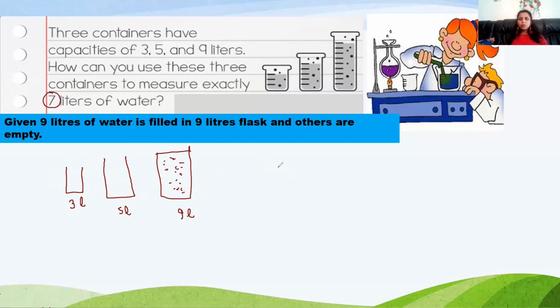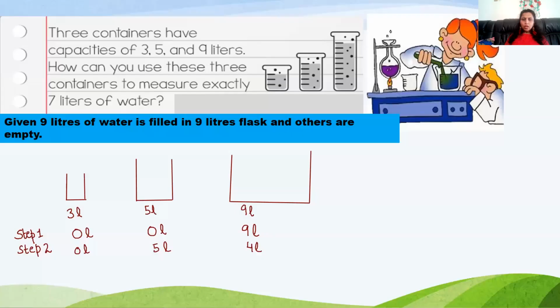So what we are going to do, let's see: this 9-liter flask, if we pour here, then how much do we have? This is 0 in the 3-liter, and 5 liters in the 5-liter one, and the 9-liter one will have 4 liters. So after step 2, here we have 0 liters, here we have 5 liters, and here we have 4 liters.